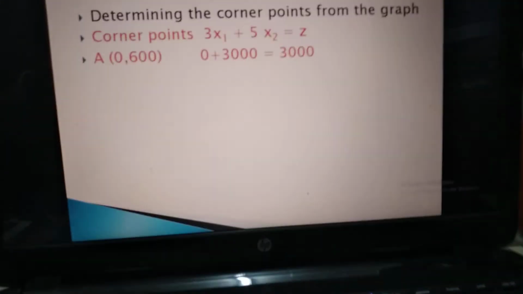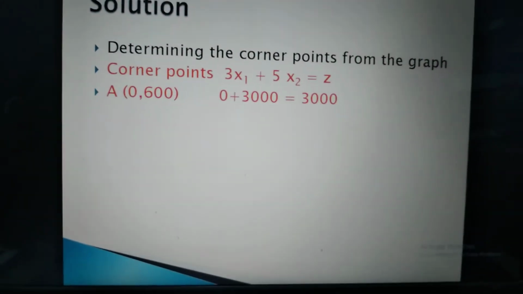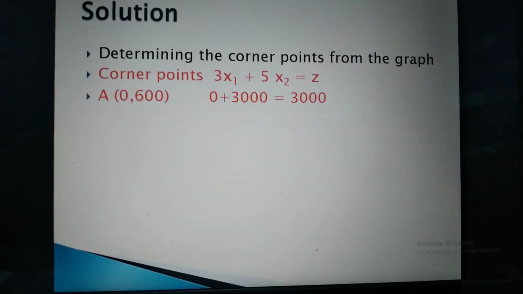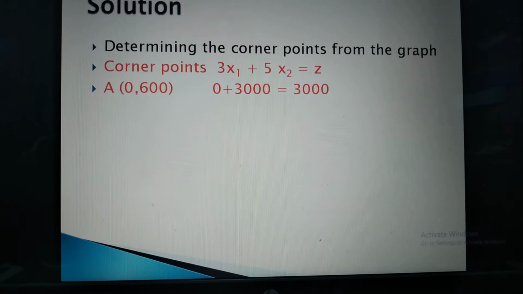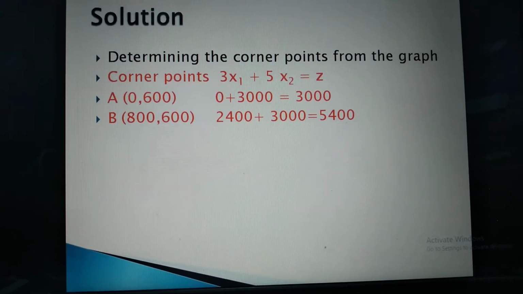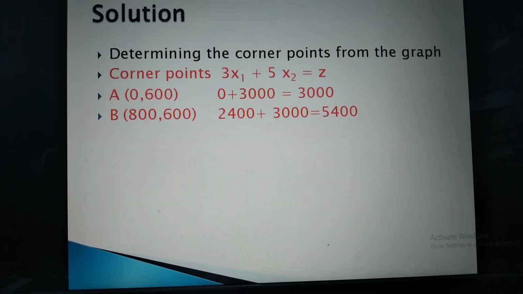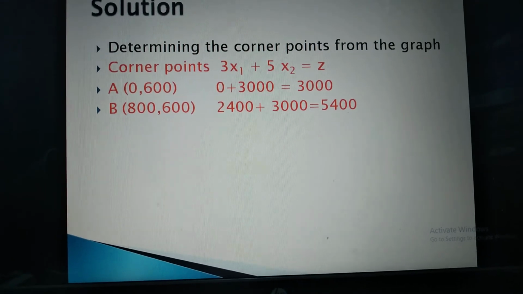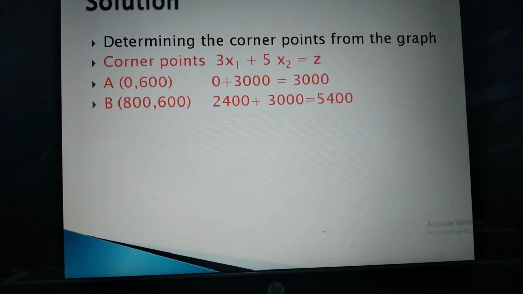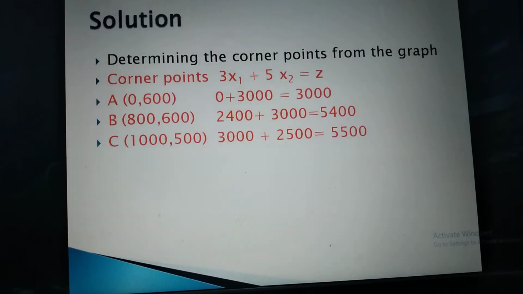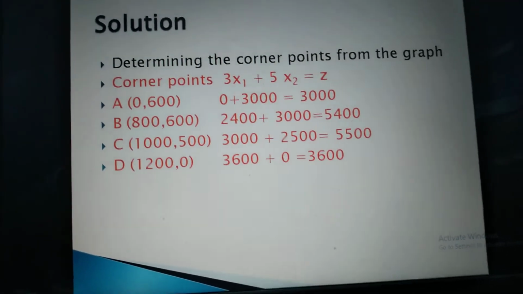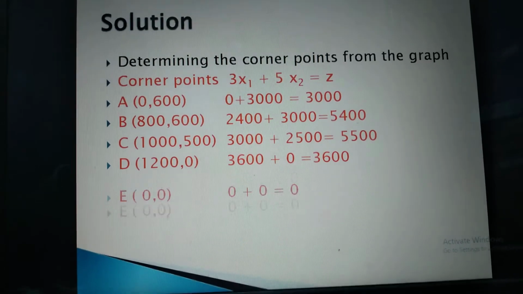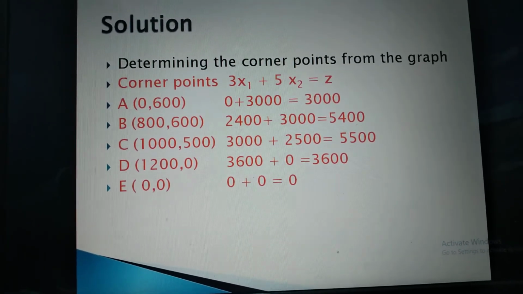Now, can we get into the corner points? As far as the graph is concerned, we have corner point A, which is 0, 600, corner point B, which is 800, 600, corner point C, 1,000, 500, corner point D, 1,200, 0, and then finally corner point E, 0, 0.